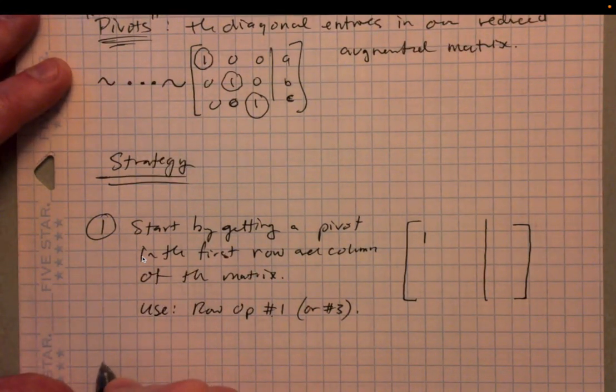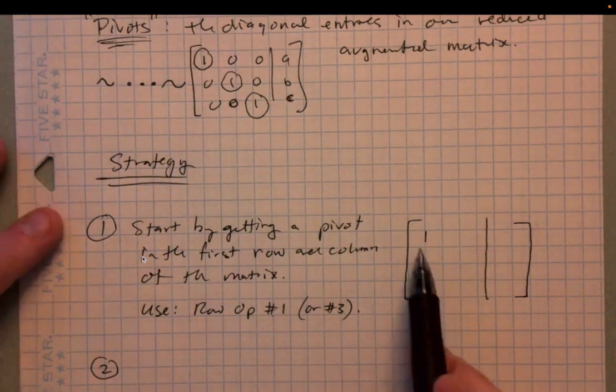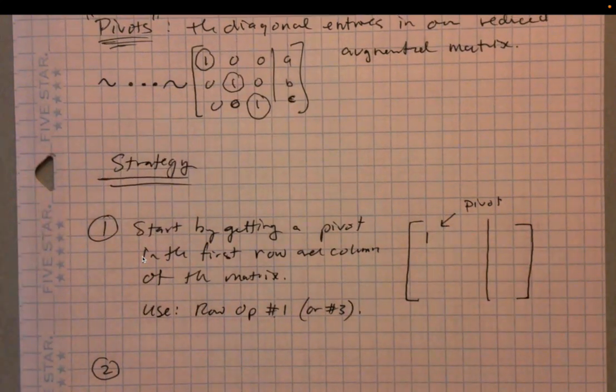All right. Now step 2. So now you have a pivot. This is what's called a pivot, we just defined that. And you want to use the pivot to convert all of the entries below it to 0.